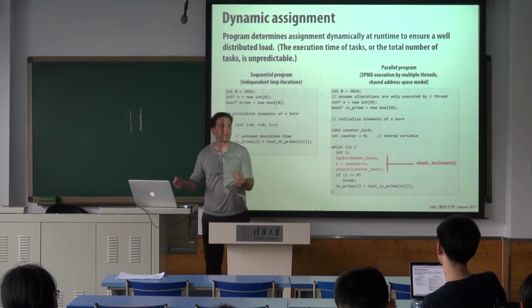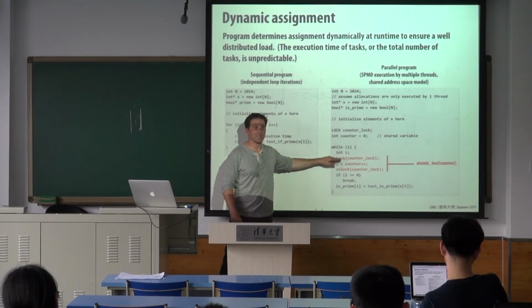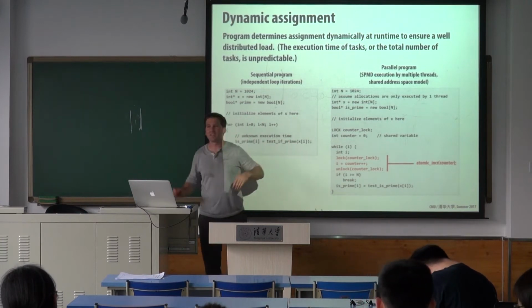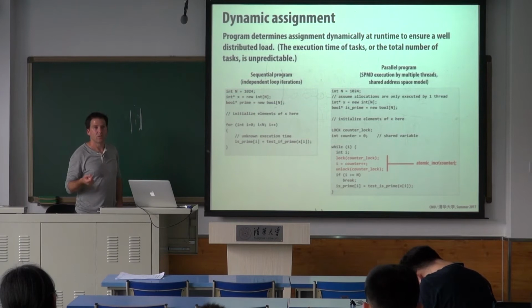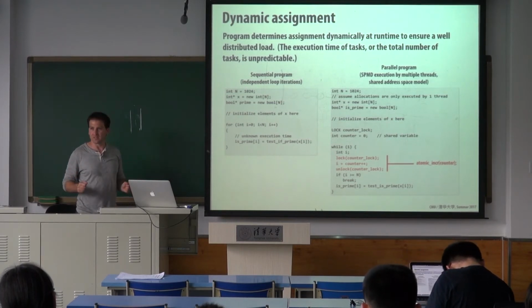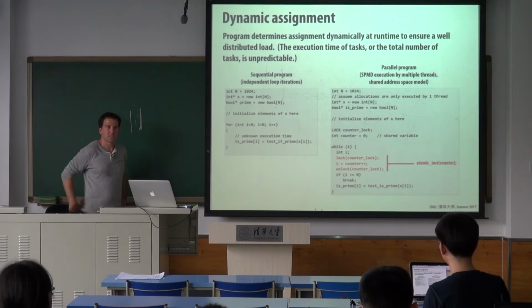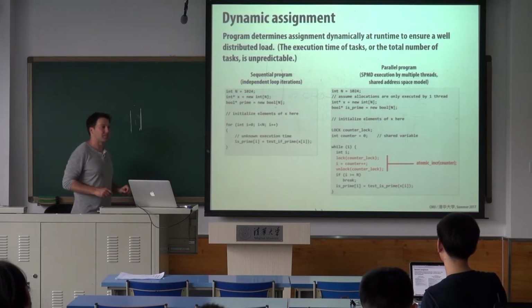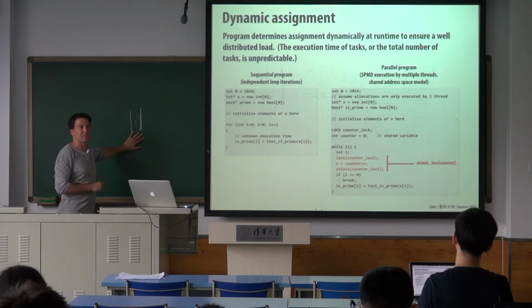I didn't tell the compiler, make this atomic. I used two API calls, lock and unlock. So why am I absolutely certain that this code is correct? Why is it not possible for Yan and me to both read the value 10?